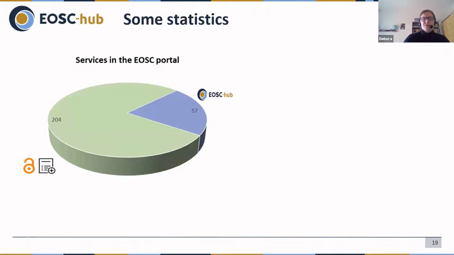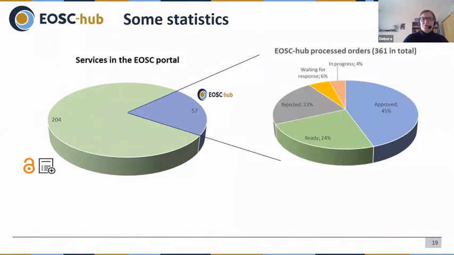So here are some statistics. Of the services that are currently onboarded into the EOSC Portal and Marketplace, most of them are open access or dealt with directly by the service provider. Let's say a quarter of them are now managed via the EOSC-hub order management system.